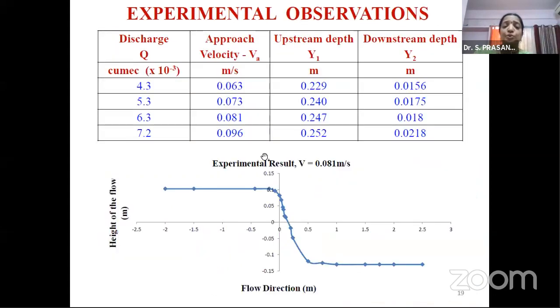For the upstream and downstream, we can measure using point gauges. But the flow over the crest of the spillway also has to be taken care of in order to plot the flow profile.